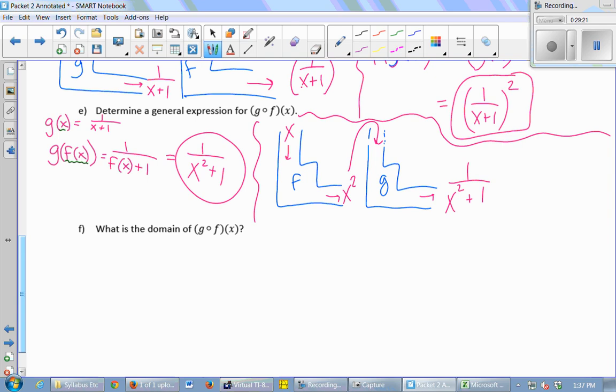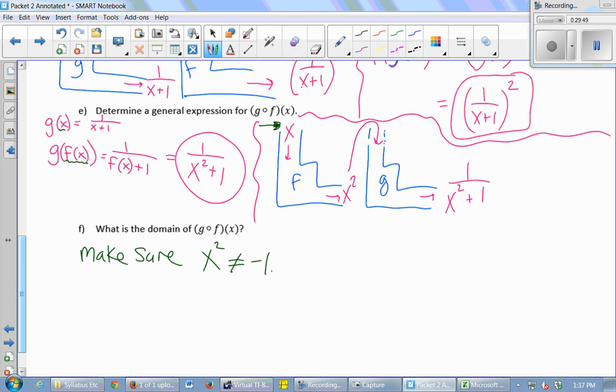Is there any x value at the very start of the assembly line that would cause f of x to be negative 1? In this particular instance, I need to make sure that x squared would never equal negative 1. If it did, then the g machine would jam, because you're feeding x squared into the g machine.